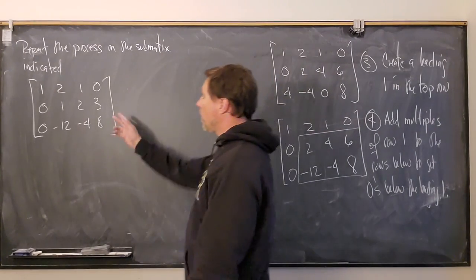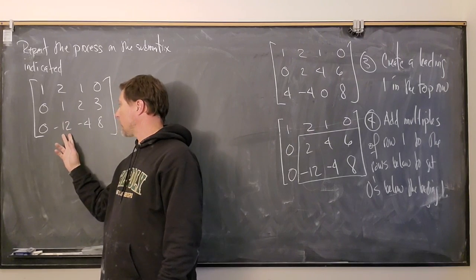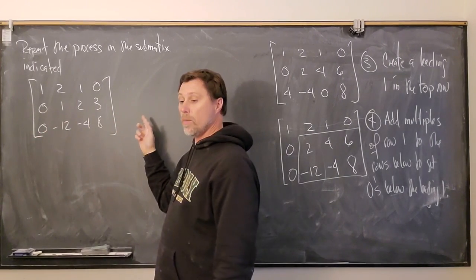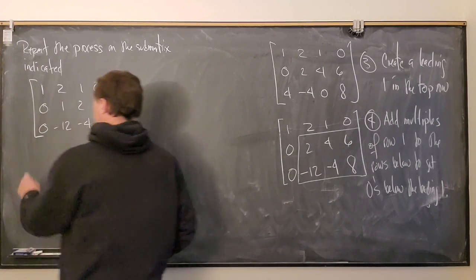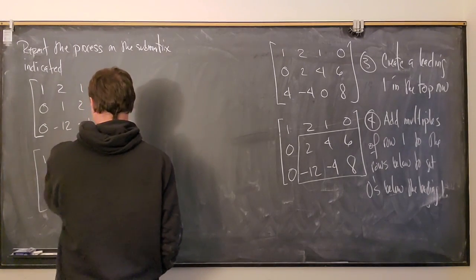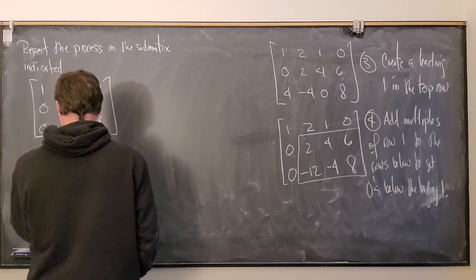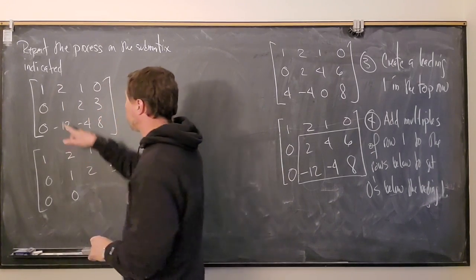Okay, now I want to create a 0 below my leading 1. How do I do that? Multiply row 2 by 12 and add it to row 3. Okay, so I multiplied by 12.